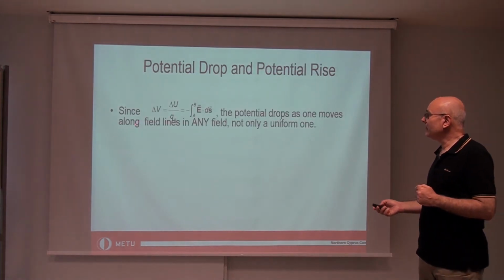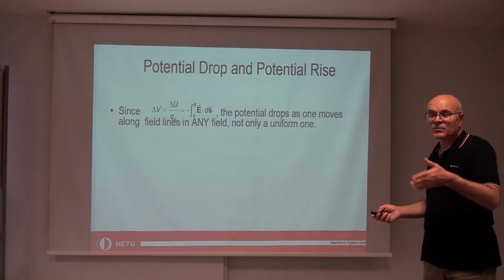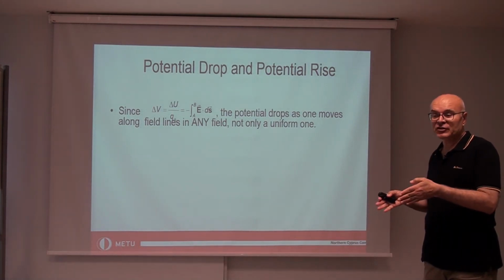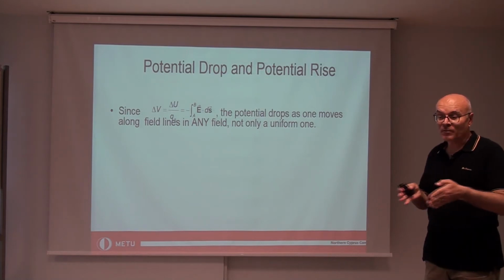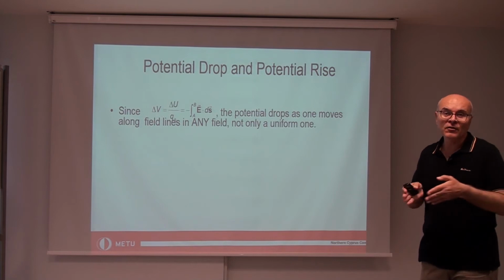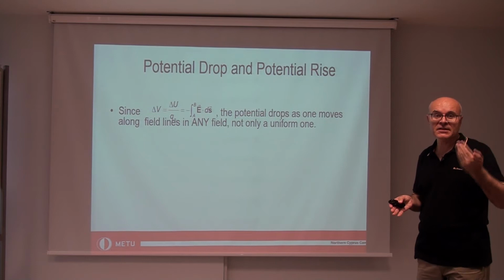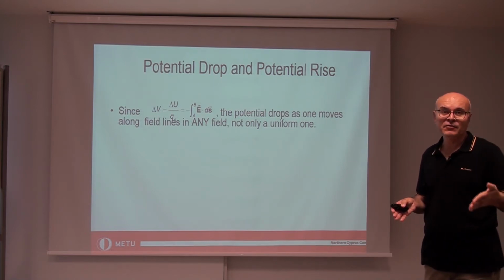Now, we go back to the observation that the potential drops, or decreases, as you move along the field lines. We have calculated this, and we have seen this explicitly when we considered a uniform electric field.